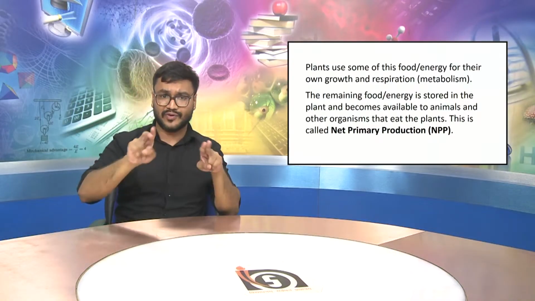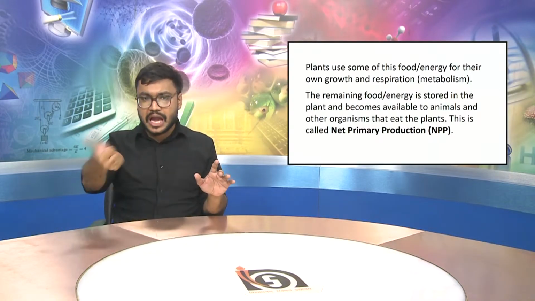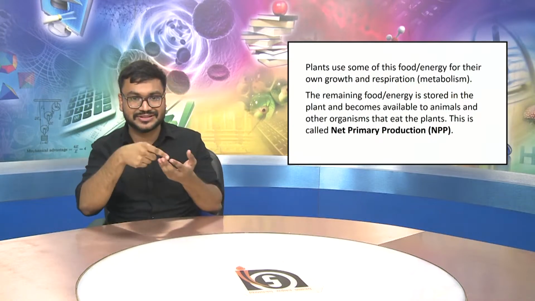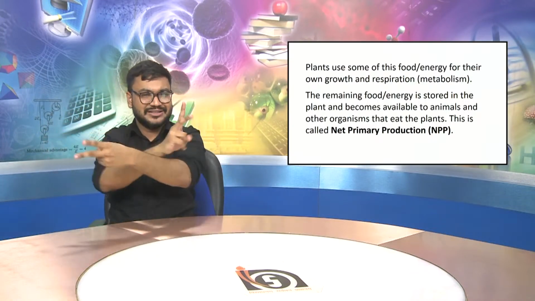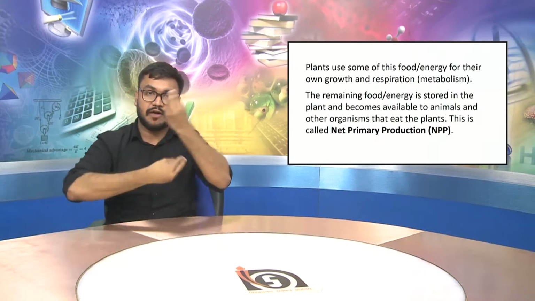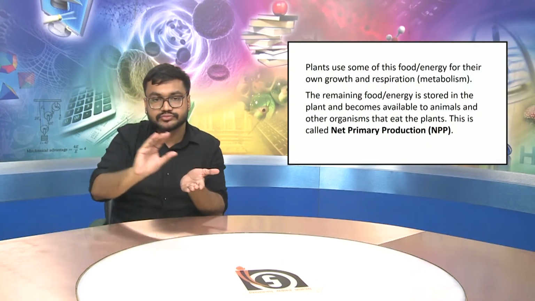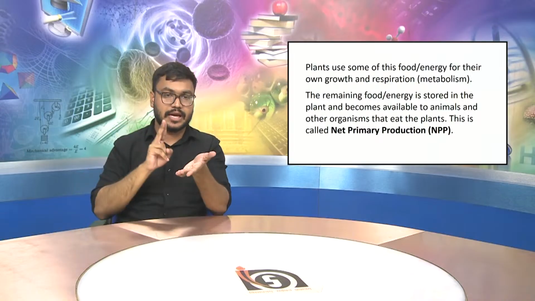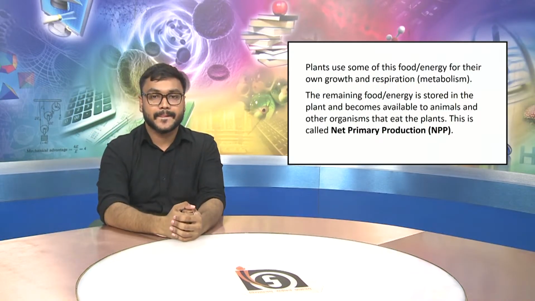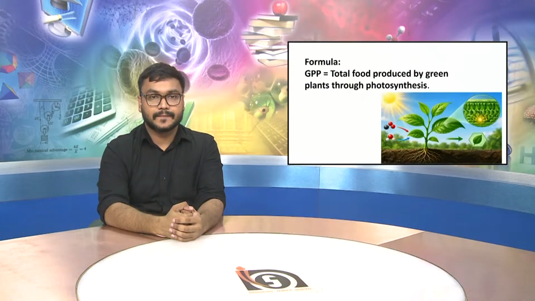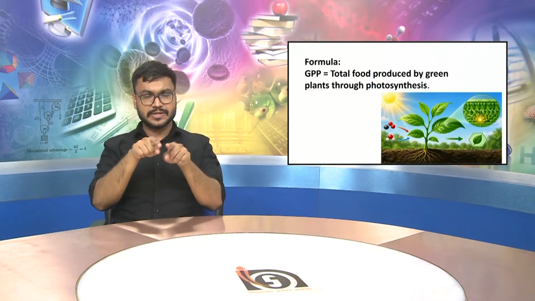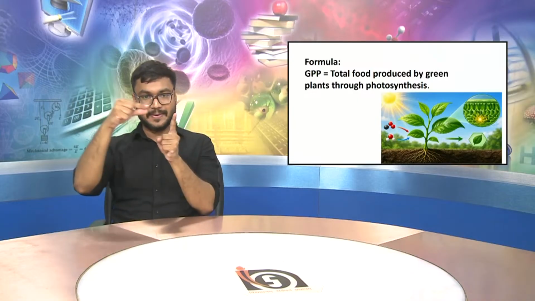Plants use some of this food and energy for their own growth and respiration, and the remaining food or energy is stored in the plant and becomes available to animals and other organisms that eat plants. This is called NPP. Formula: how can we get GPP?